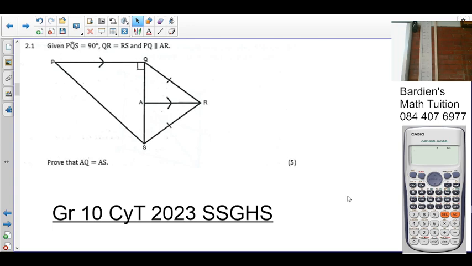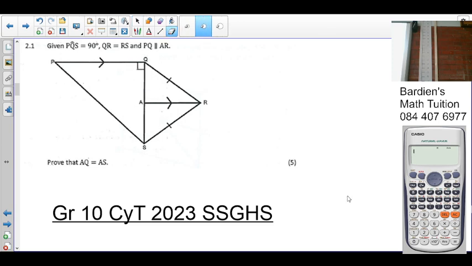Prove that AQ is equal to AS, sorry, not QS, AS. Okay. So we would need to prove congruency, because there's no other way that we can prove that those two lengths are equal.